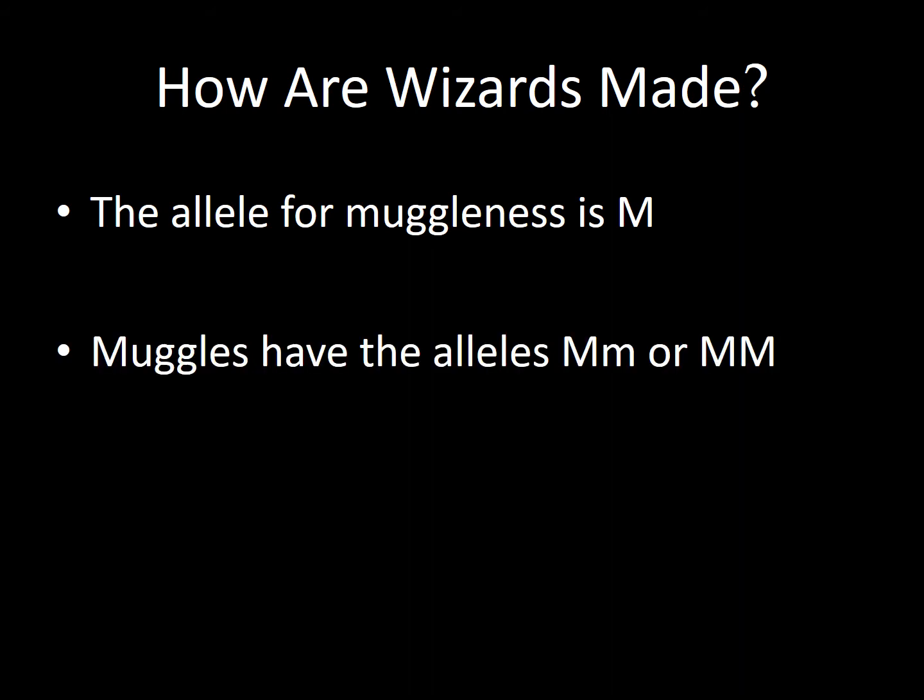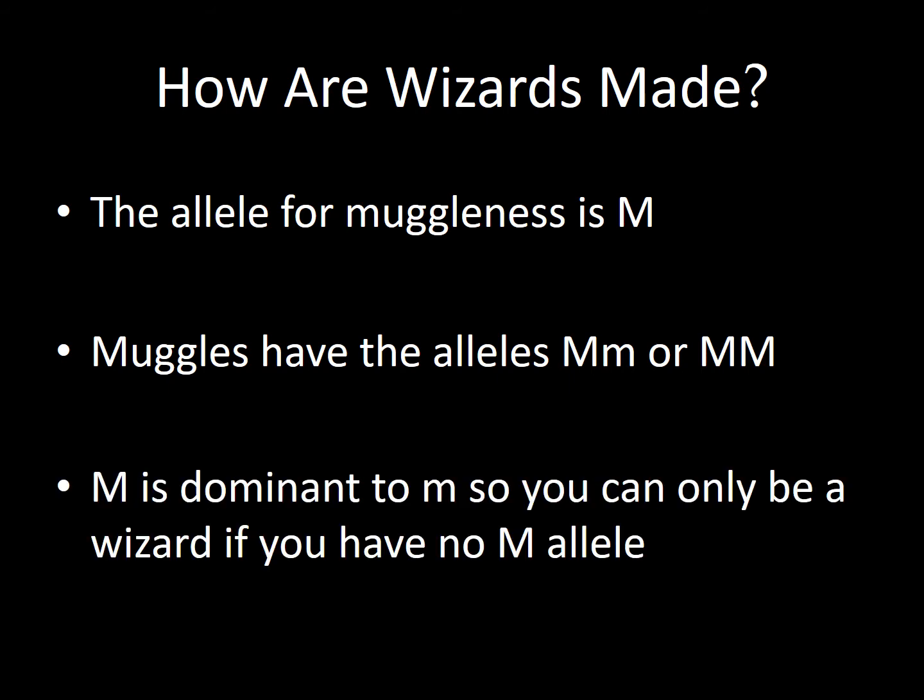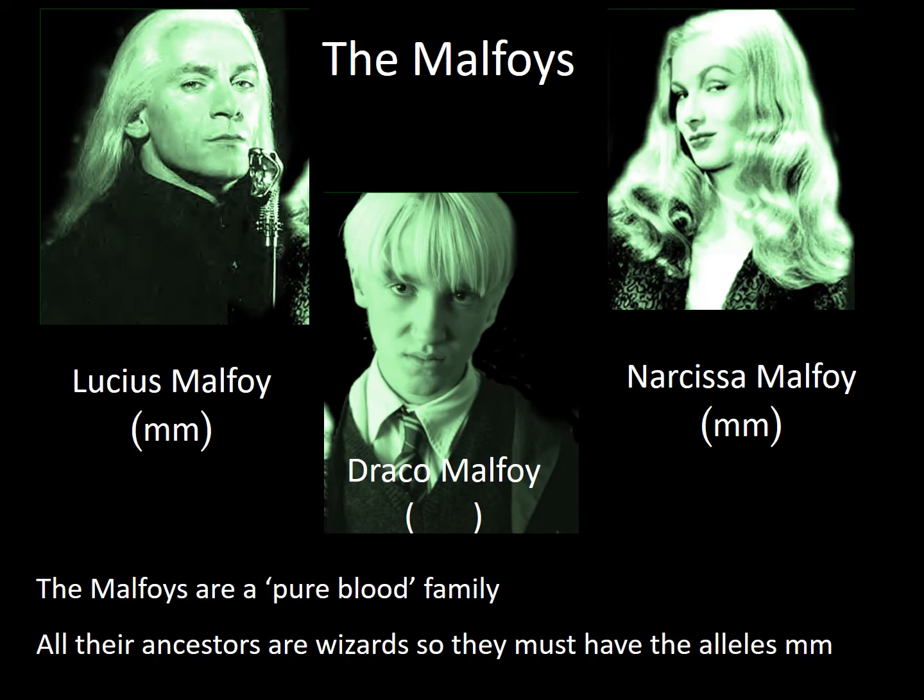So muggles have the alleles of big M, little m to be heterozygous, or big M, big M, homozygous dominant. So big M is dominant to little m. So you can only be a wizard if you do not have that capital M allele.